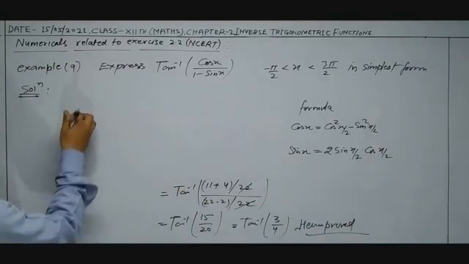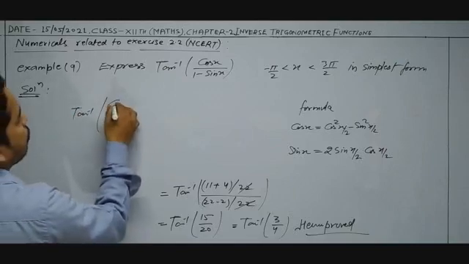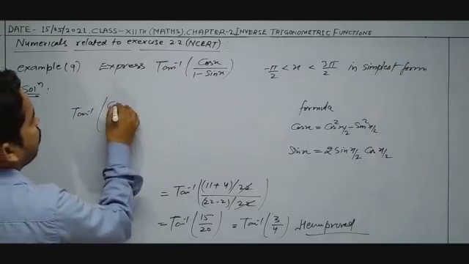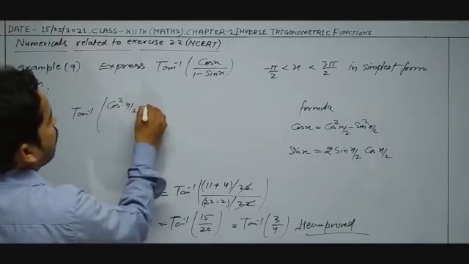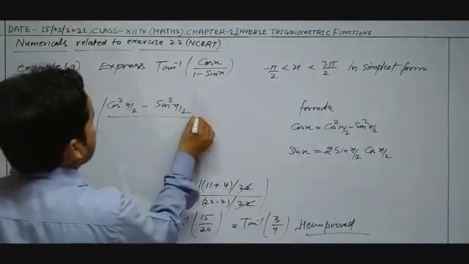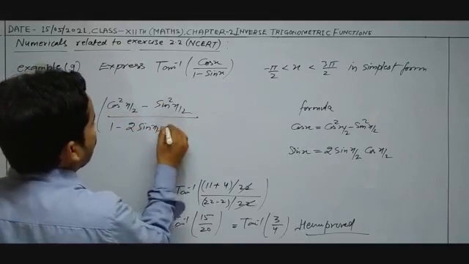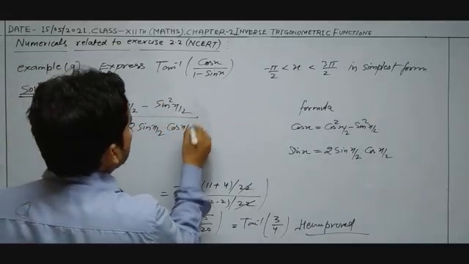So tan inverse of cos square x by 2 minus sin square x by 2 whole upon 1 minus 2 sin x by 2 into cos x by 2.